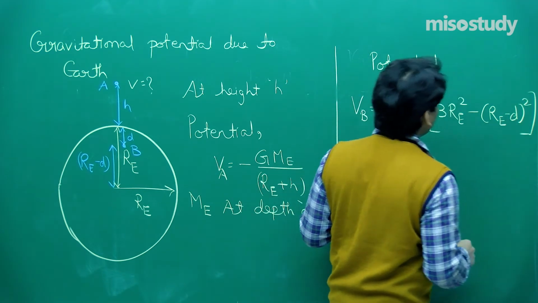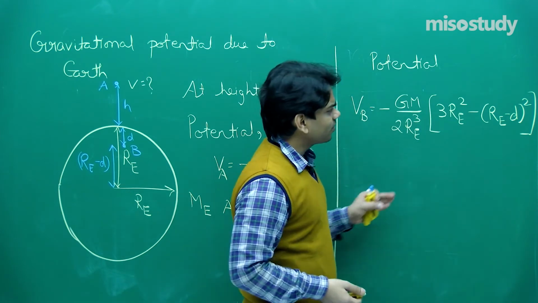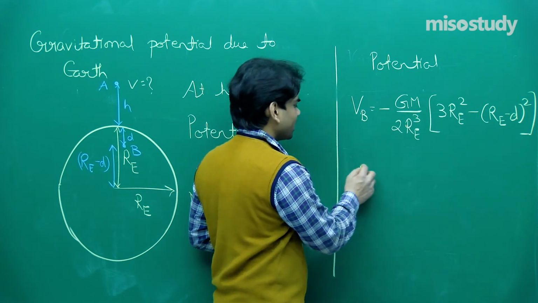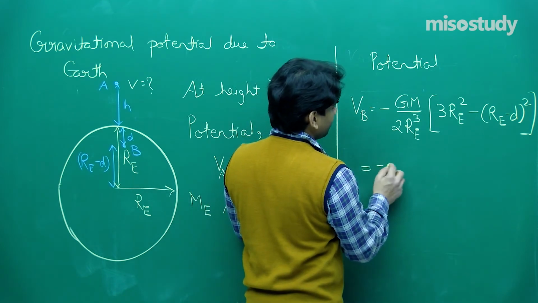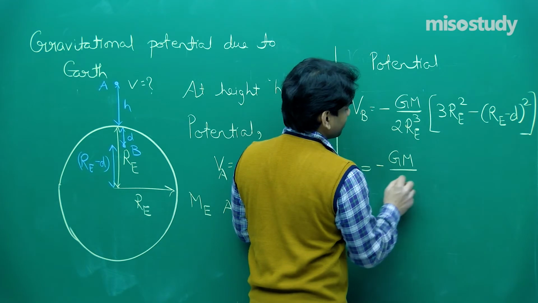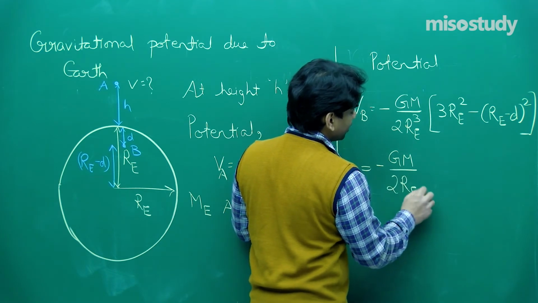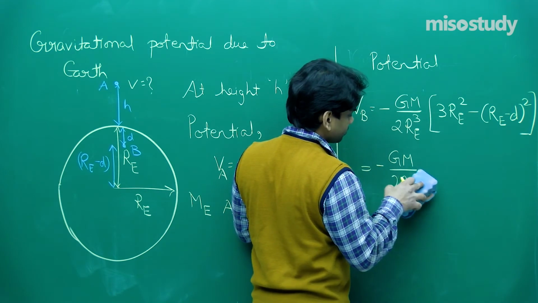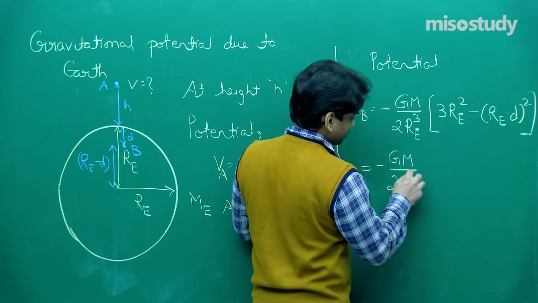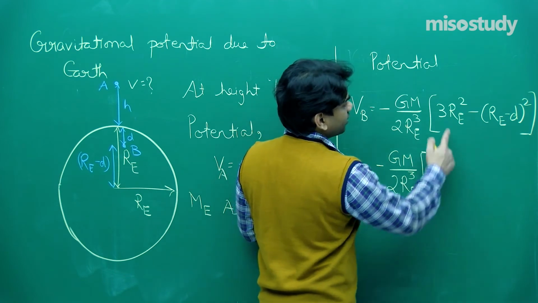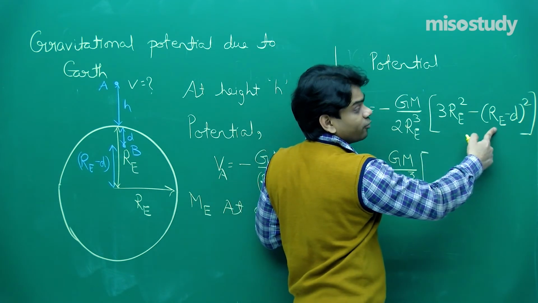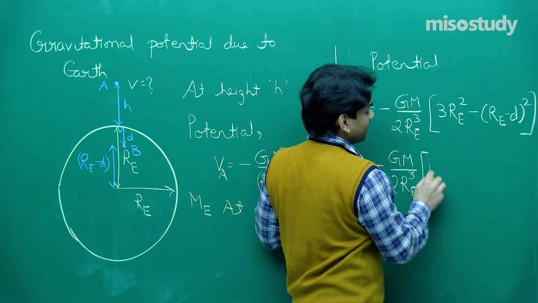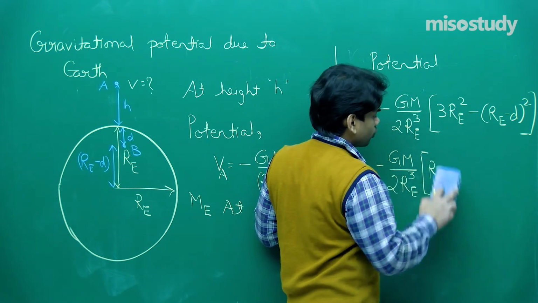This will be the value, and later on you can open it and solve it in a very simple way. We can also expand, and we'll be obtaining minus GM upon 2 Re whole cube multiplied by 3 Re whole square. If you expand, you get Re whole square, 3 Re whole square minus Re whole square, you'll get 2 Re whole square.